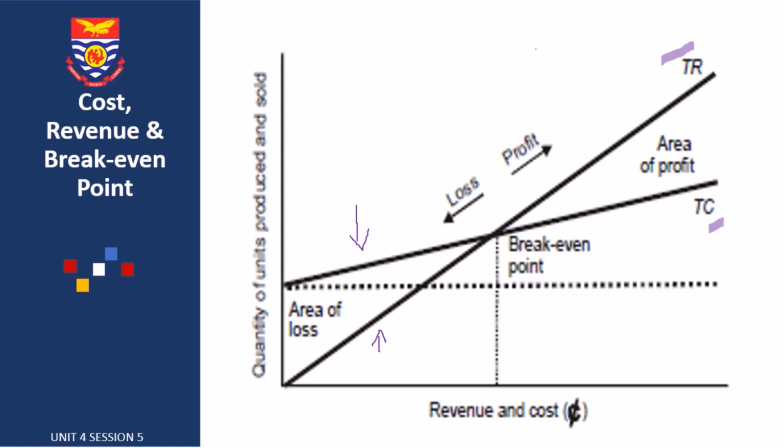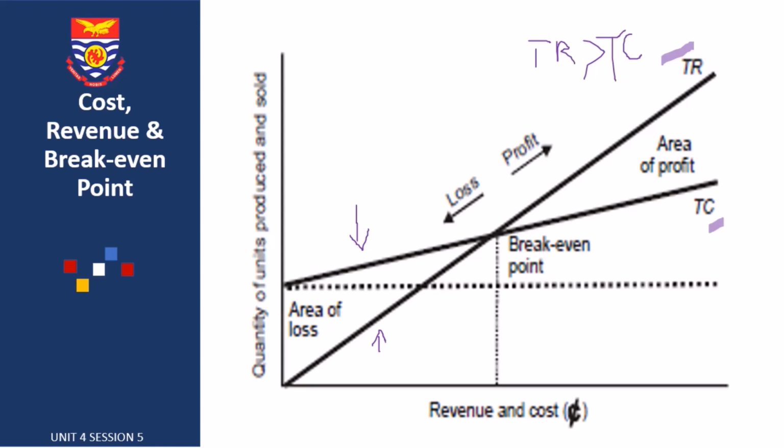So anytime that TR, or total revenue, is greater than total cost, it means that the firm has yielded a profit. And when TC is greater than total revenue, it means that the cost the marketing firm is incurring is greater than the selling price together with the profit elements the firm is charging.